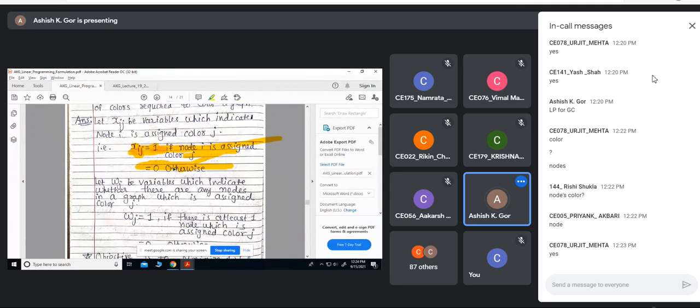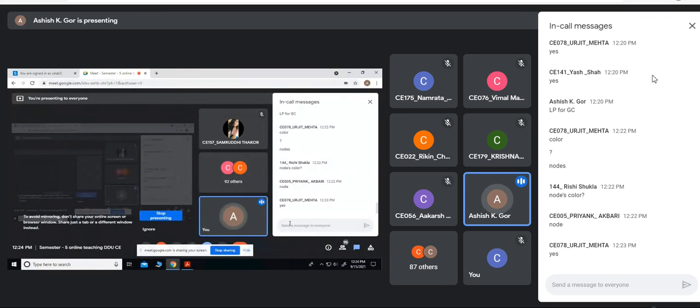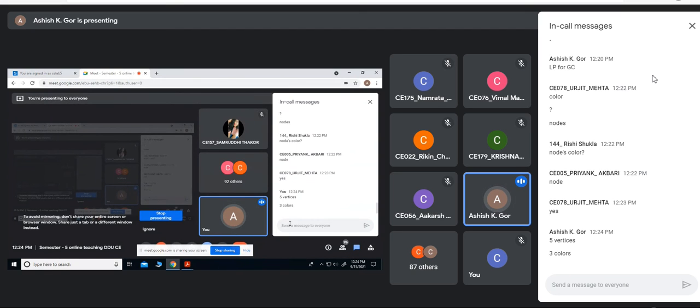Let's say I'm talking about 5 vertices and 3 colors, red, green, and blue. I have 5 vertices in a graph. How many variables will be there?